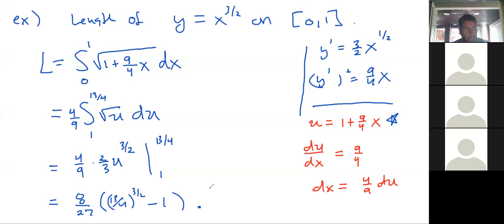I guess you can clean that up a little bit, if you wanted to. You can note that 4 to the 3/2 is 8.